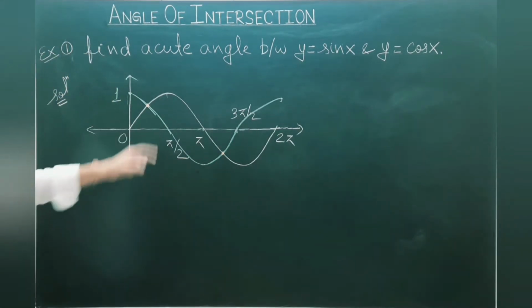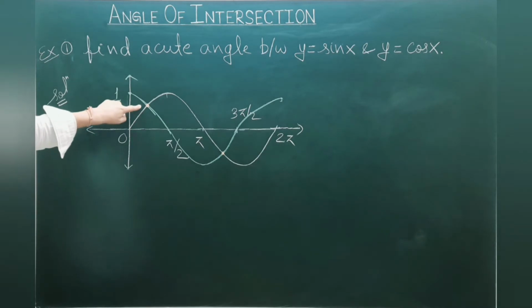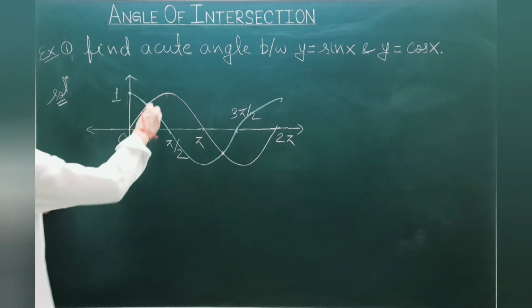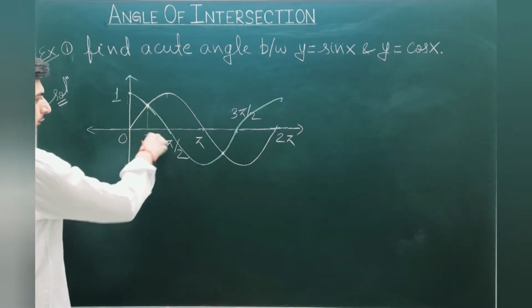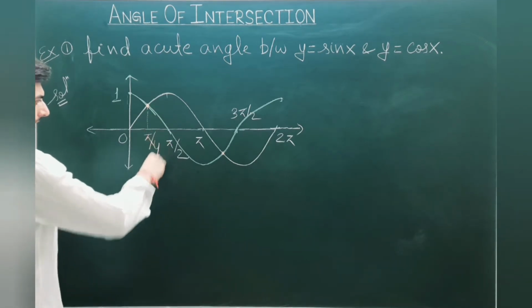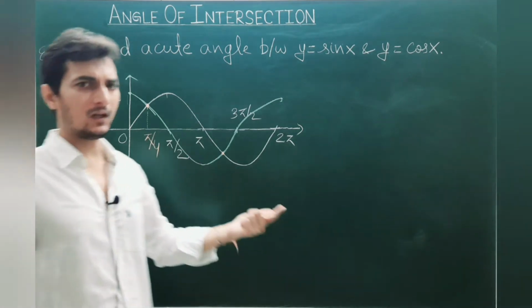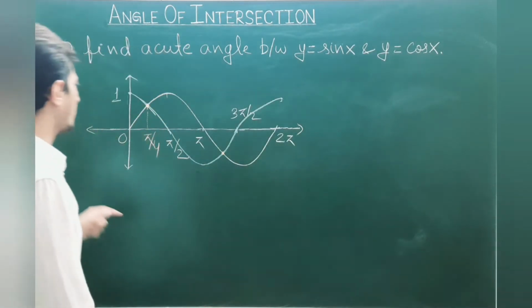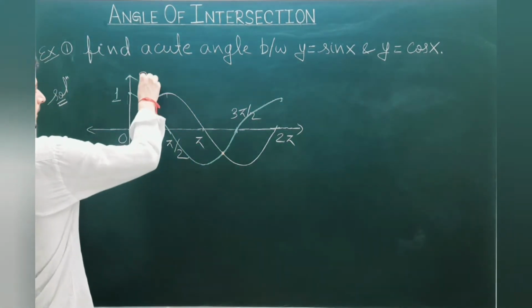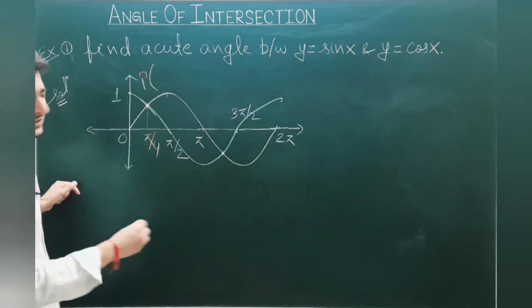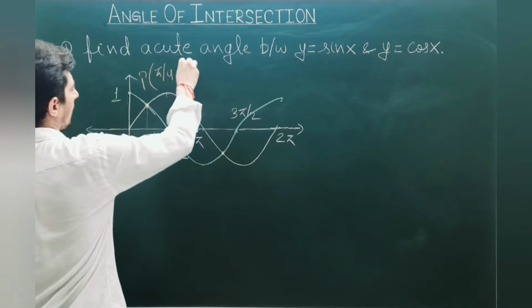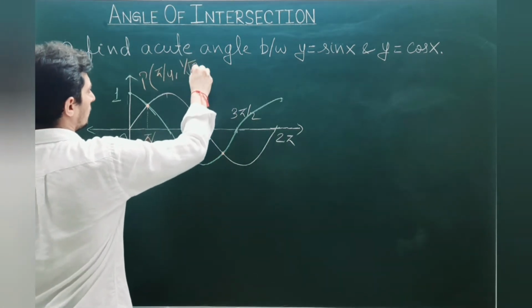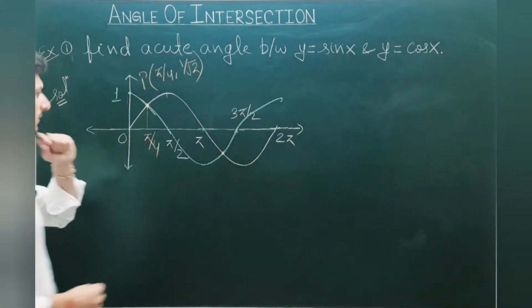In the first quadrant, you already know that they meet at pi by 4, where they give the same value 1 by root 2, right? So this point P, its coordinates are going to be pi by 4 comma 1 by root 2. We are going to need it.